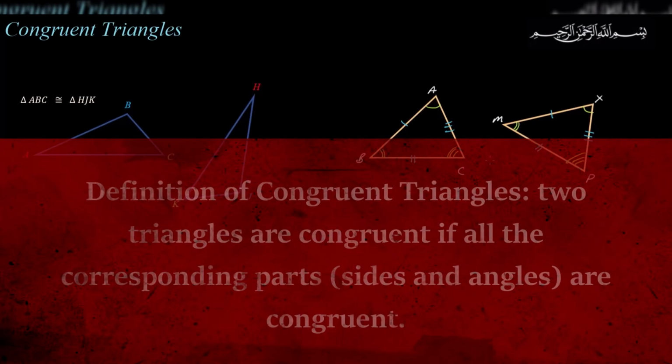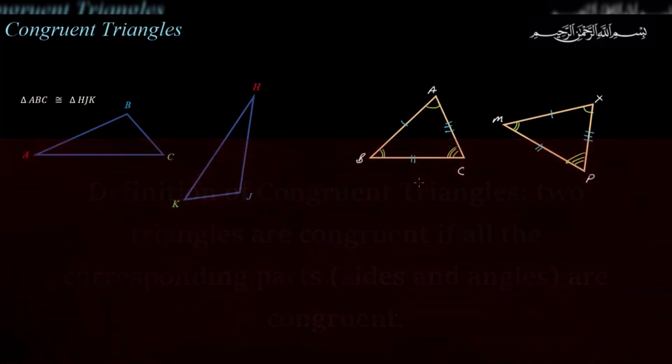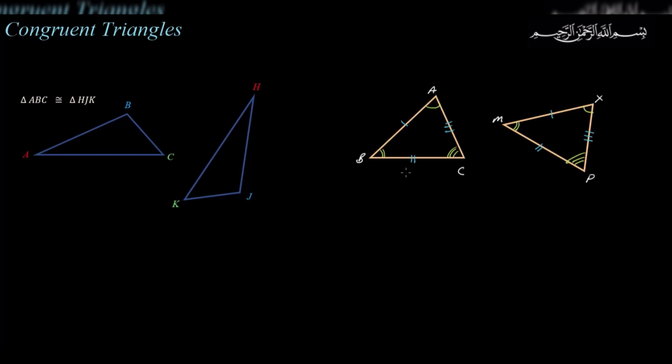Okay, so now here we have two triangles, triangle ABC and this other triangle, and it's already marked for us. Here we're going to write down how we say that these two triangles are congruent. Here's ABC. You can see here A corresponds to X, because they're congruent, as you can see, they're marked by the same symbol.